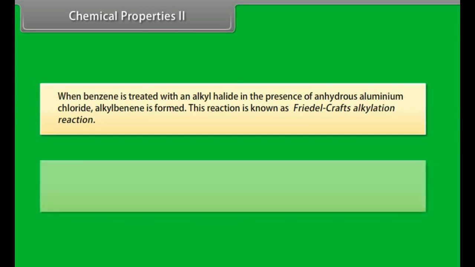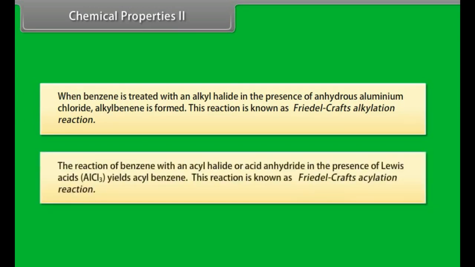When benzene is treated with an alkyl halide in the presence of anhydrous aluminium chloride, alkylbenzene is formed. This reaction is known as the Friedel-Crafts alkylation reaction. The reaction of benzene with an acyl halide or acid anhydride in the presence of the Lewis acid AlCl3 yields acylbenzene. This reaction is known as the Friedel-Crafts acylation reaction.